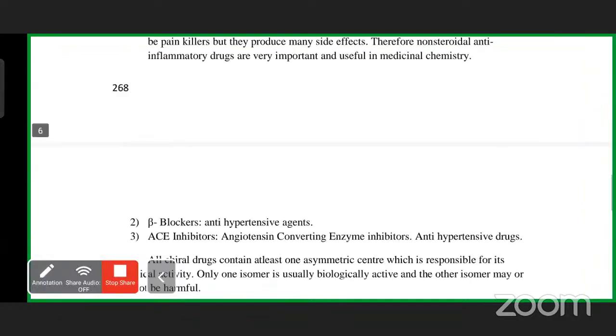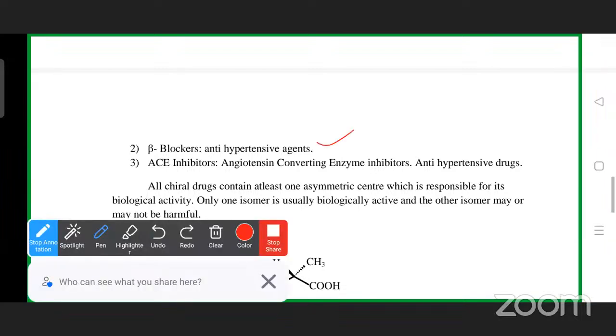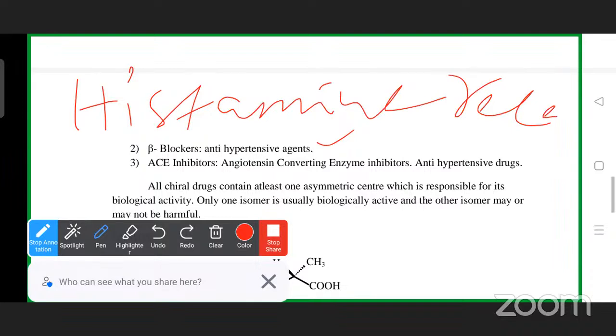Right. Next here the beta blockers. There are alpha one, alpha two, beta one, beta two and gamma.